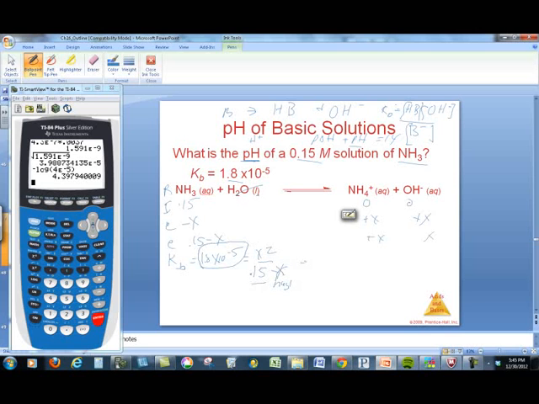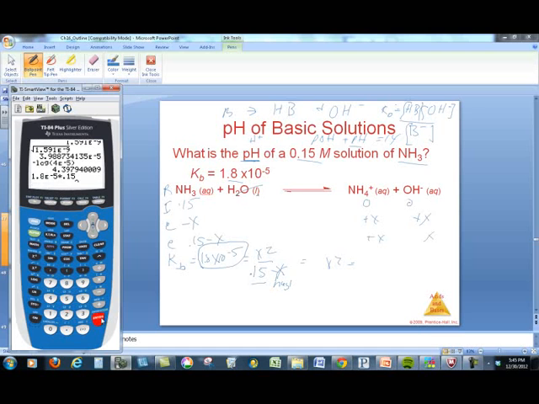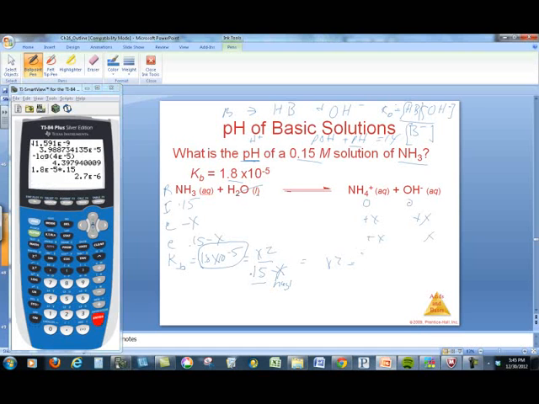So I'm going to get x squared equal to this times this, cross multiplying, so I have 1.8 E negative 5 times 0.15 equals 2.7 times 10 to the minus 6.